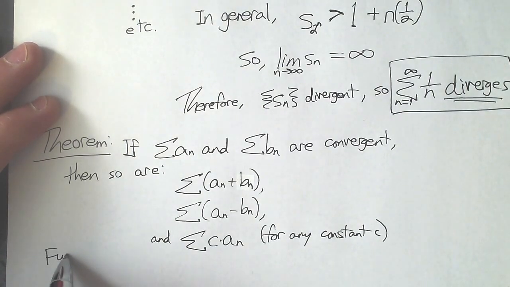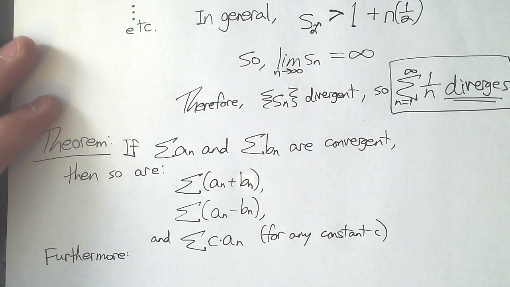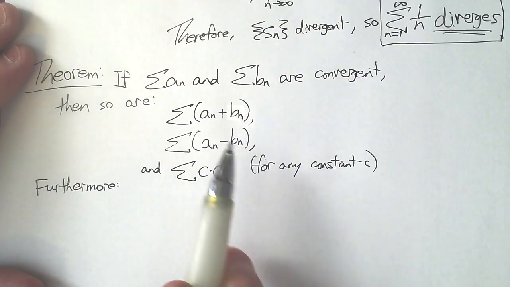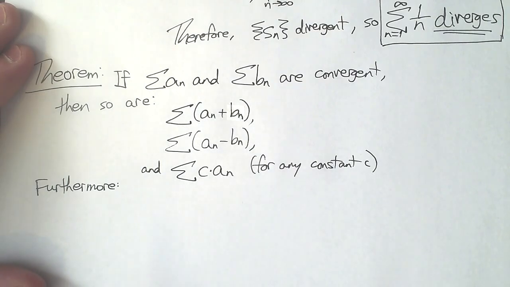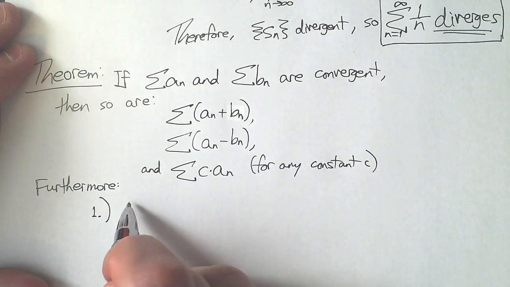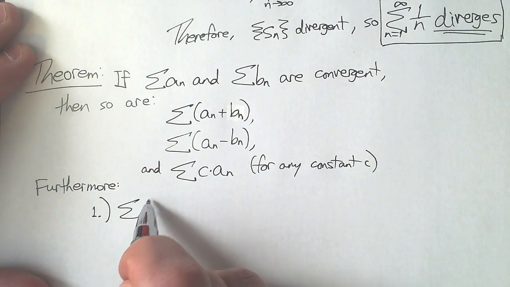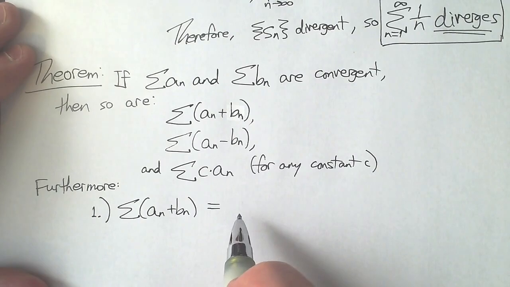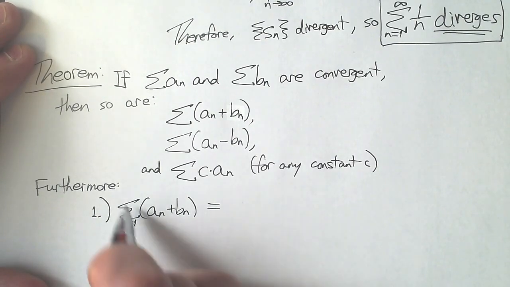Furthermore, this theorem says that these series would also converge, but it's also going to tell us what they add up to. I'll write these with a 1 and infinity.